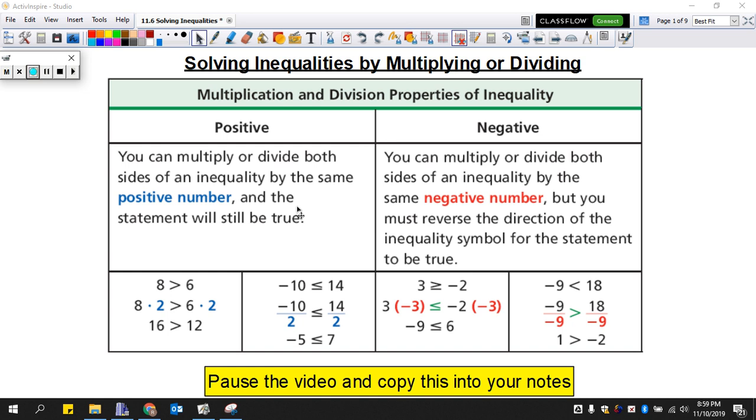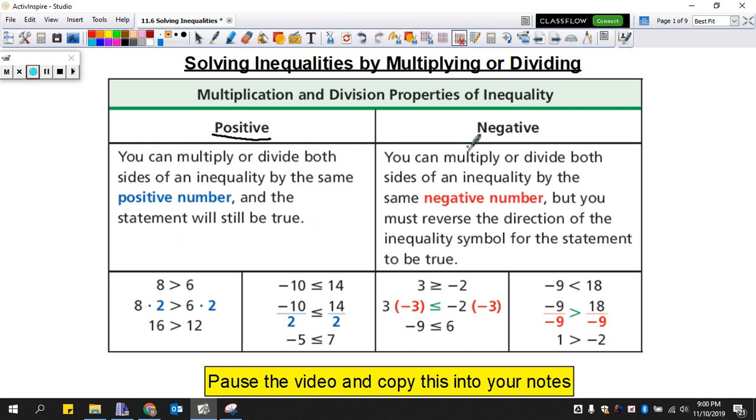The multiplication and division properties of inequality say that if the number that you're multiplying or dividing by is positive, then you can multiply or divide both sides of the inequality by the same positive number and the statement will still be true.